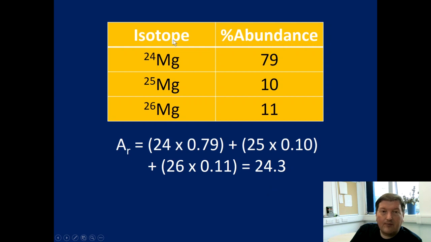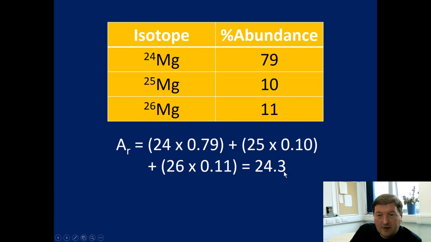So for example, if you look at magnesium, it has isotopes 24, 25, and 26, and their relative abundance is shown here. Most magnesium comes in the form of magnesium 24 with a percentage abundance of 79, and there are lesser amounts of magnesium 25 and magnesium 26.